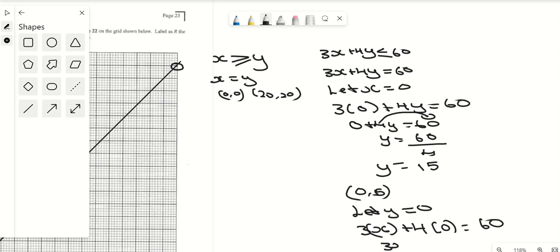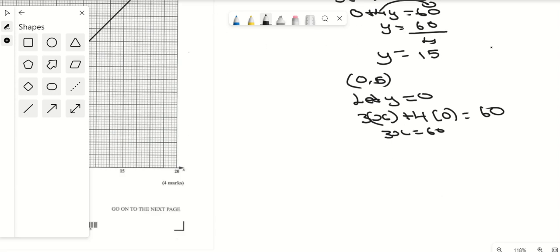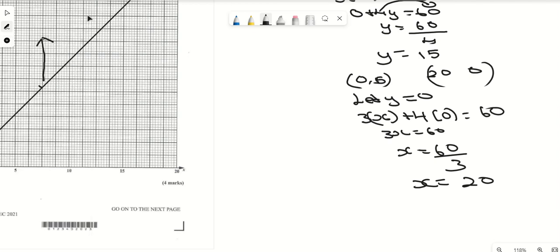So that's 3x is equal to 60. So you want to make x the subject of the formula. You carry across 3. So x is equal to 60 divided by 3, which is equal to 20. So my second coordinate would be x is 20, y is 0. And these are the 2 points you're going to plot for that equation there.